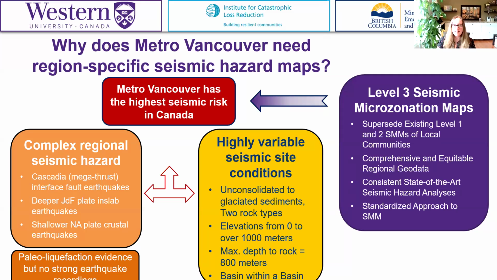But nobody's ever systematically tried to do it for all of Metro Vancouver, and also tried to push to this level 3, or really, will liquefaction be triggered? Will landslides be triggered? What will the shaking level be? Rather than, is it susceptible?